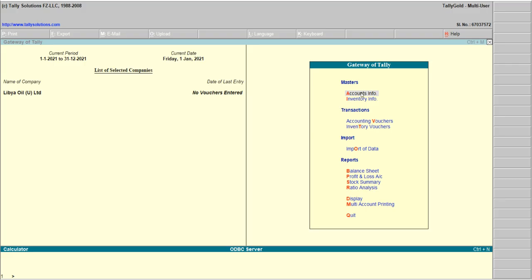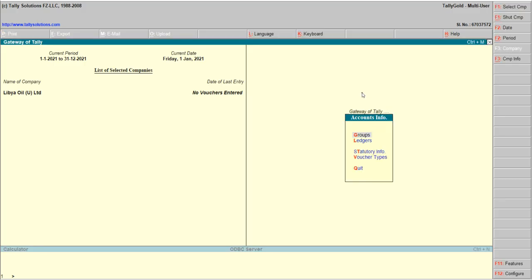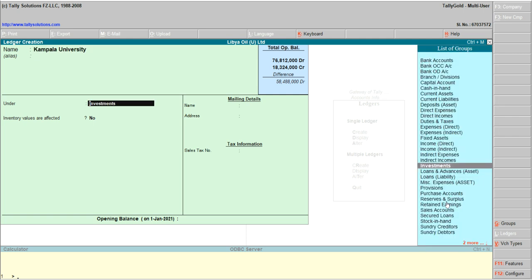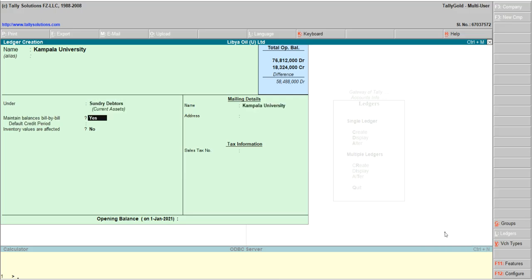So go to accounts info, ledgers, single create. Kampala University. These are sundry debtors. Maintain balances bill by bill?